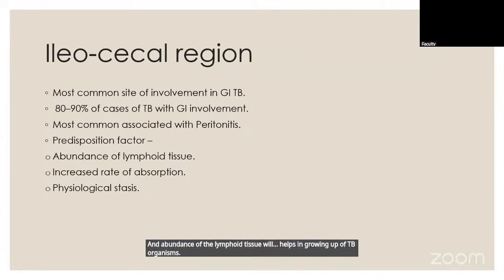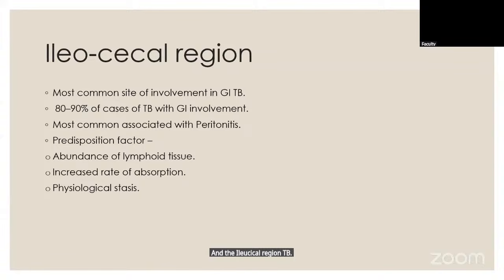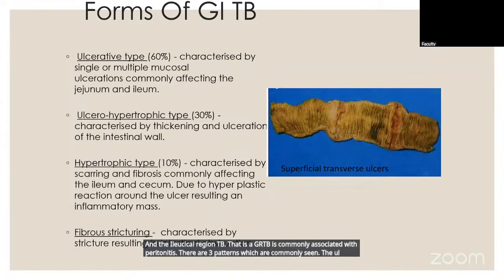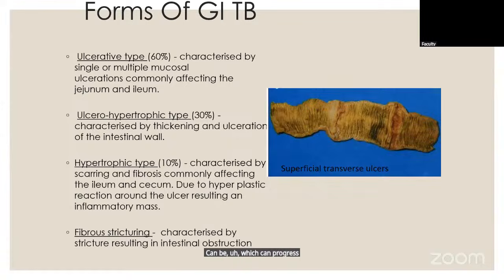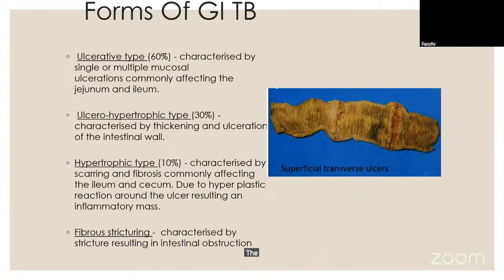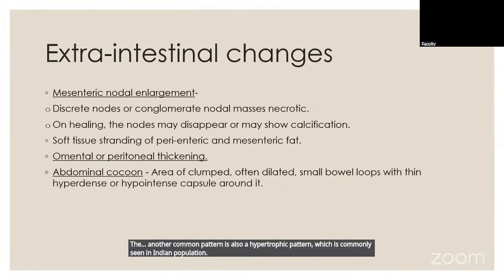Ileocecal TB is commonly associated with peritonitis. Three patterns are commonly seen: ulcerative, hypertrophic, and fibrous stricturing, which can progress from ulceration to direct fibrous stricturing, or from hypertrophic to stricture formation. The hypertrophic pattern is also commonly seen in the Indian population.